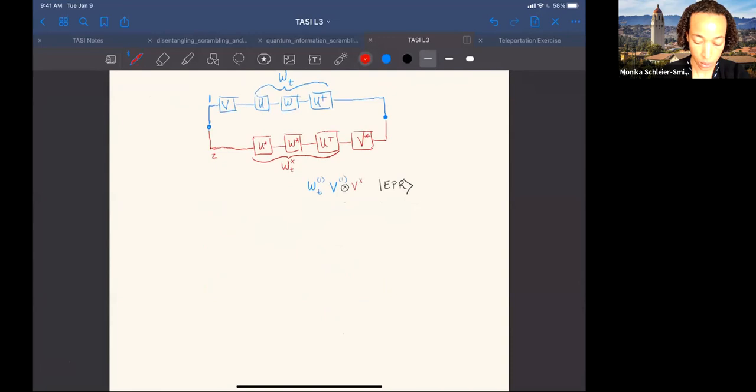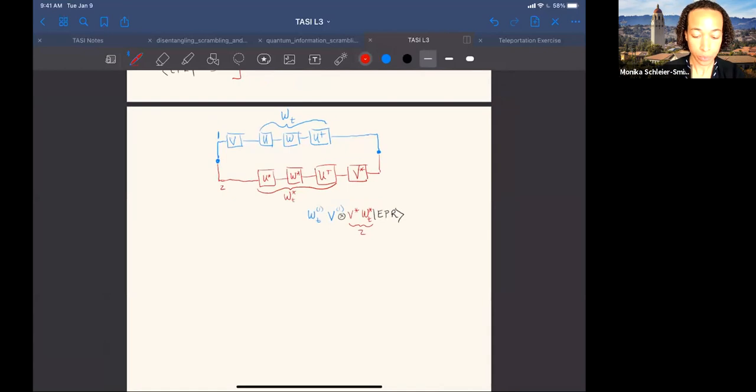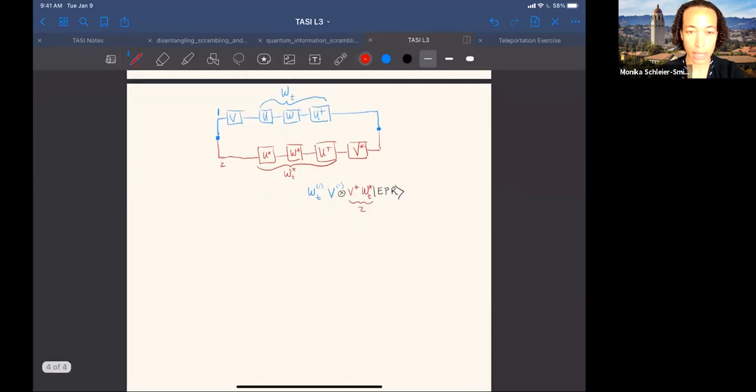So V star and W_T star, all on subsystem 2. I'm just going to write that below. Is that okay? So I'm applying V followed by W to one copy of my system, and V star W_T star to the other copy. By acting on the two halves of this entangled system, I'm building up something that is going to be equivalent to the interferometer from before. Does the diagram and the notation make some sense?